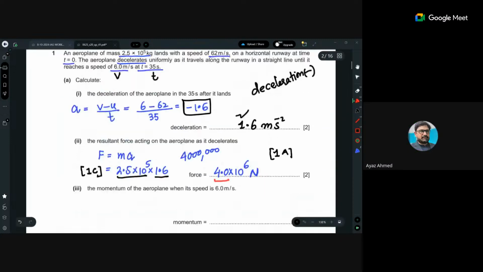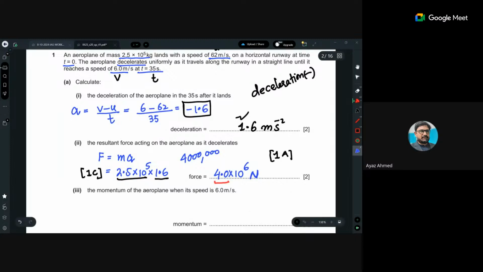Yes, sir. Okay. Then the same question is entering into momentum. Look, it started from kinematics, this part is your kinematics, right? Then you move to forces or Newton's laws, then you move to dynamics. So this is actually theory. If you do not know one chapter, you will not be able to score the marks. So here, the momentum of the aeroplane when its speed is 6 meters per second. Again a 2 marks question, 1 mark is for the formula or values.